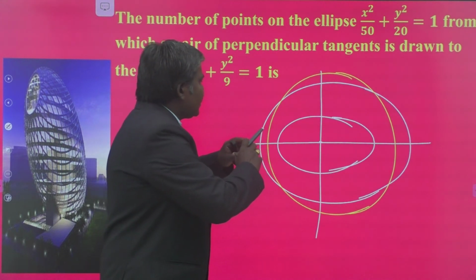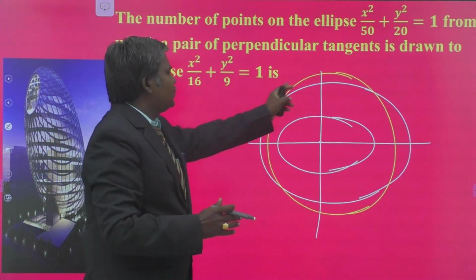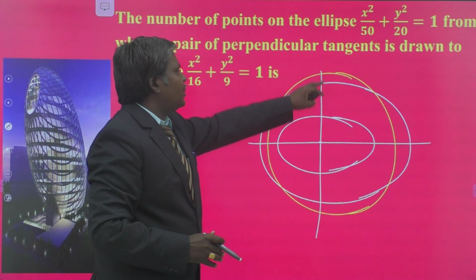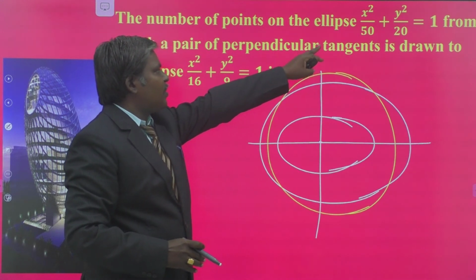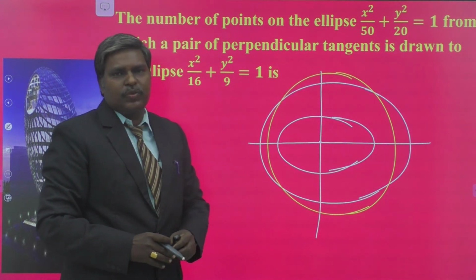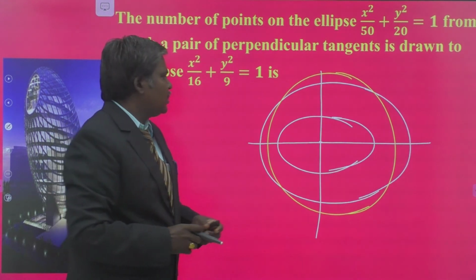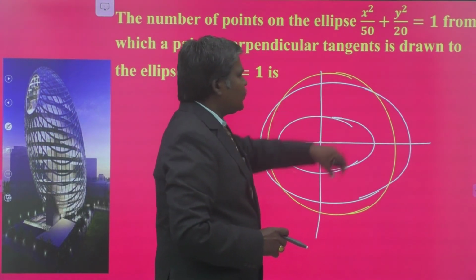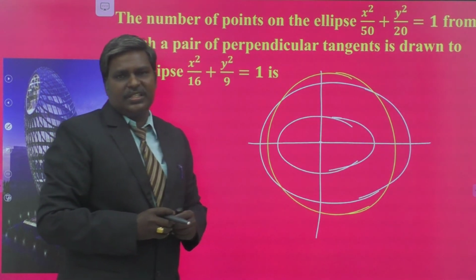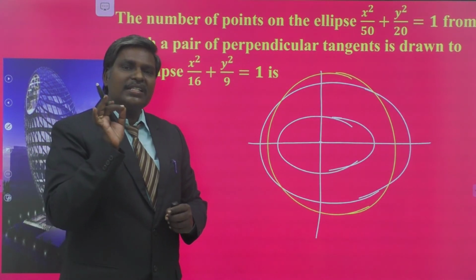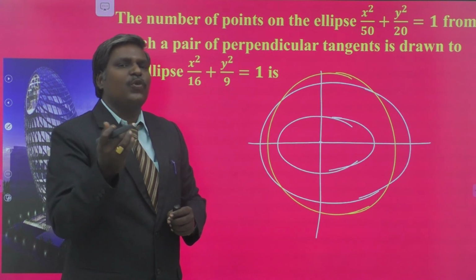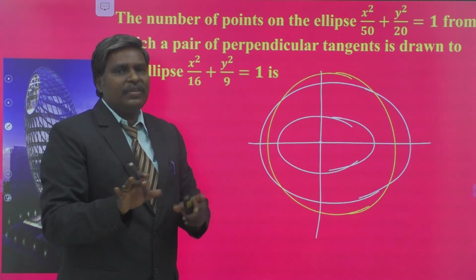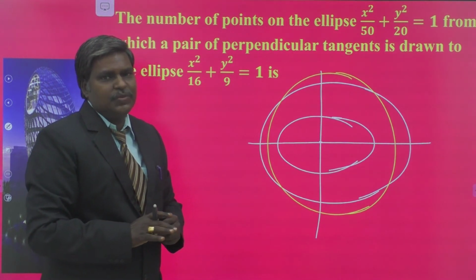If the director circle has a radius more than both A and B for the ellipse x square by 50 plus y square by 20 equals 1, you have no points. Even though your circle is in between the two ellipses, there is no point of intersection. So if there is a point of intersection, there exist 4 points. If there is no point of intersection, the number of points on the ellipse is 0.